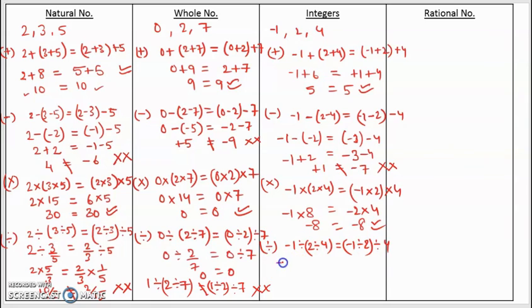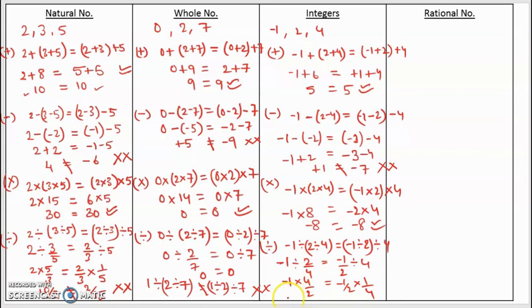So -1 by 2 into 1 by 4 should be equal to -1 into 4 by 2. And clearly you see that, students, they are not the same.